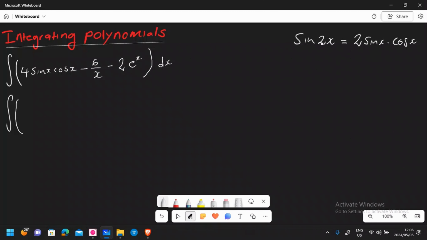Now, since we have 4 of these sine x multiplied by cos x, we can say 2 sine 2x is the same as 4 sine x cos x. Look, if sine 2x equals 2 sine x cos x, therefore 2 sine 2x equals 4 sine x multiplied by cos x.